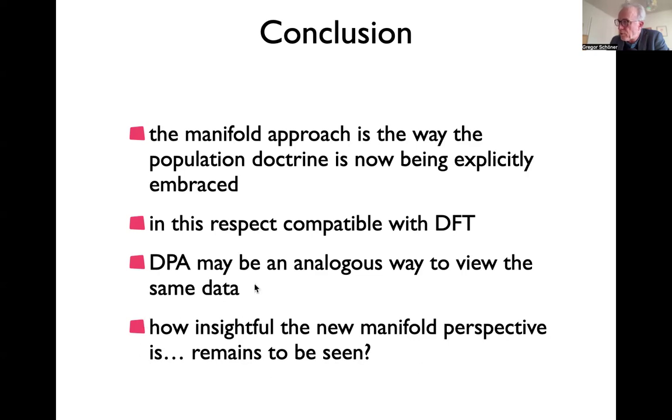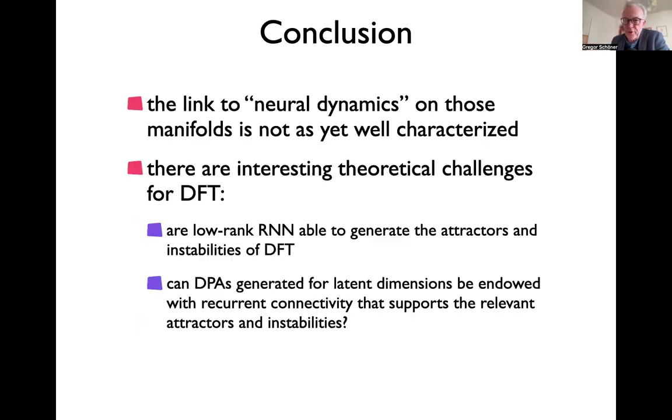So I'm personally not so sure that this particular manifold perspective really provides new insight, at least for us. But the role it serves is that it's the way people embrace the population picture.